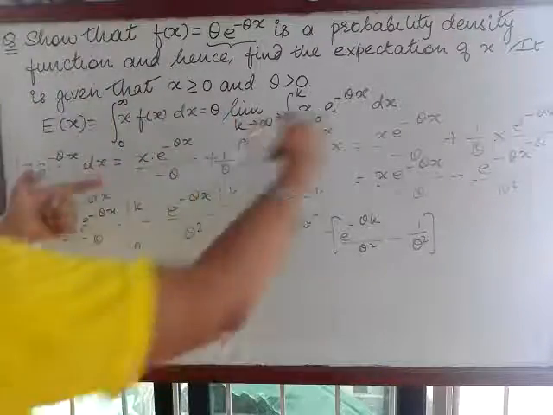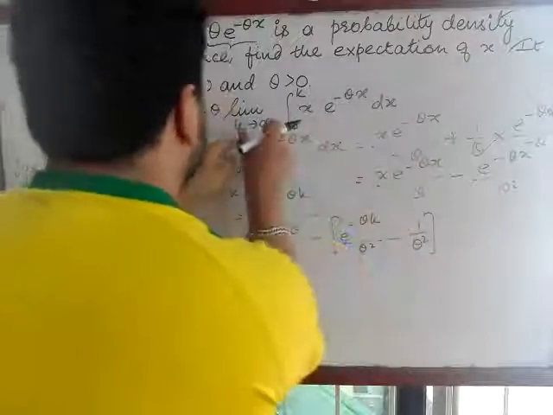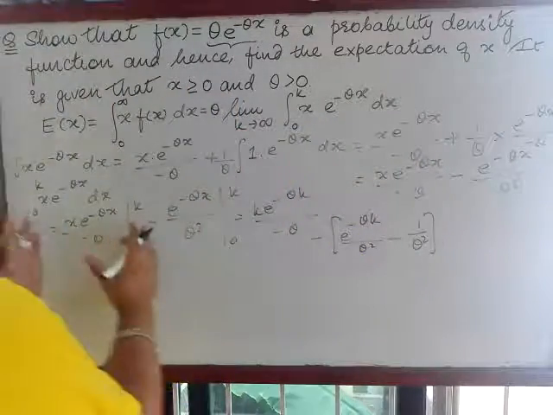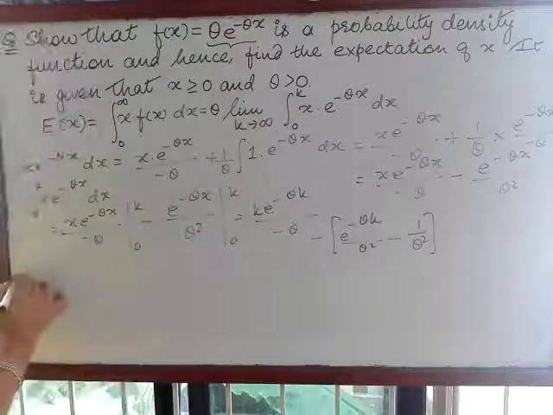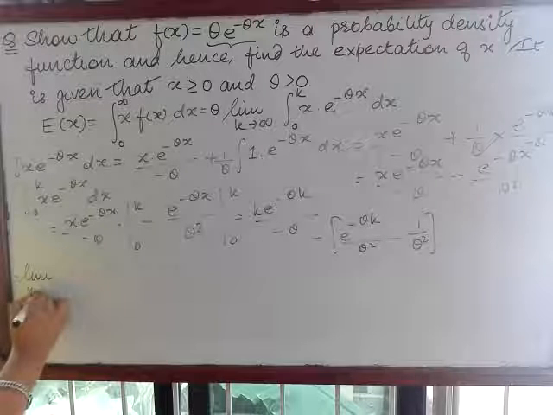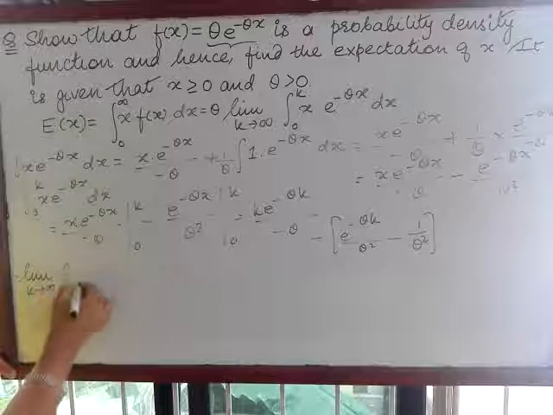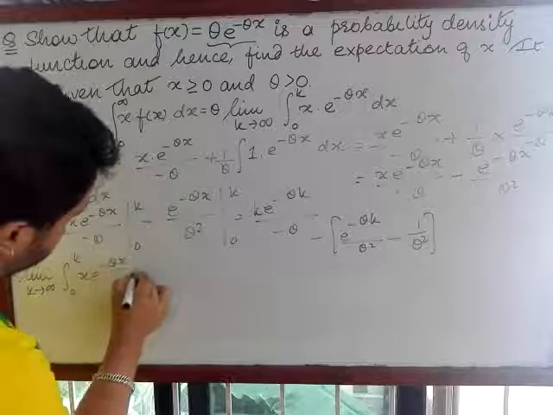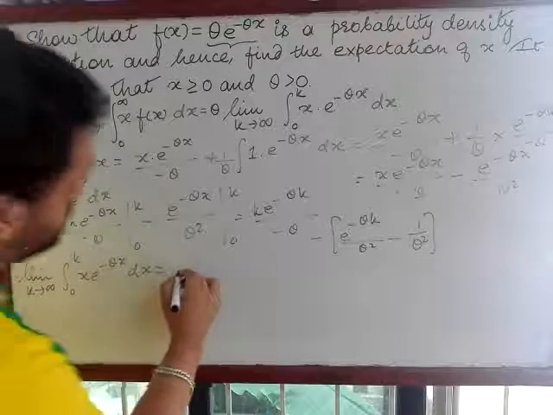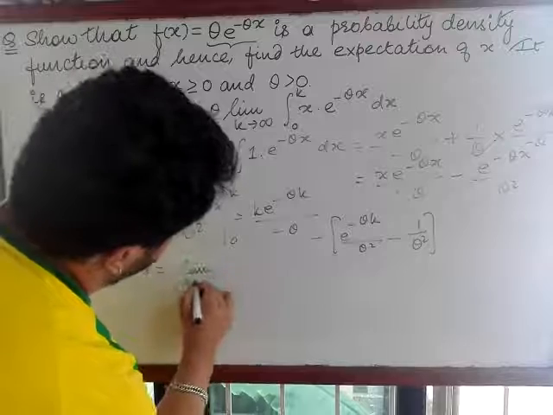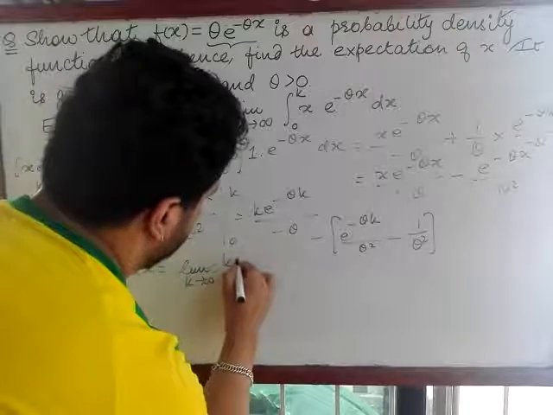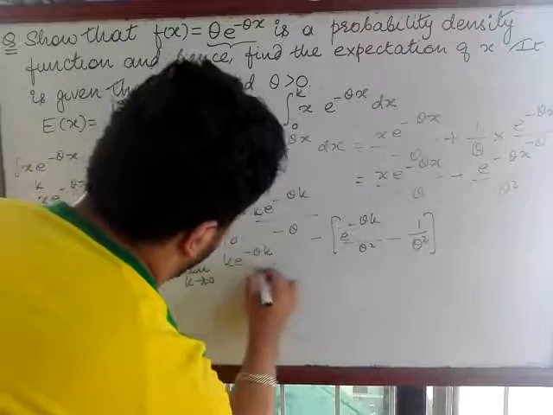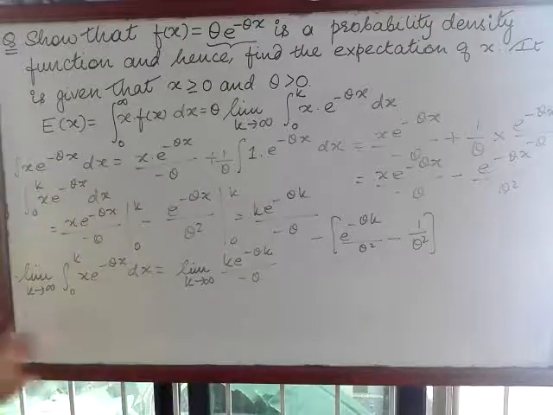Now, to find the expectation of x, we need to find the limit as k tends to infinity of this value. So the limit as k tends to infinity of the integral from 0 to k of x e to the power minus theta x dx is equal to the limit as k tends to infinity of k e to the power minus theta k over minus theta.